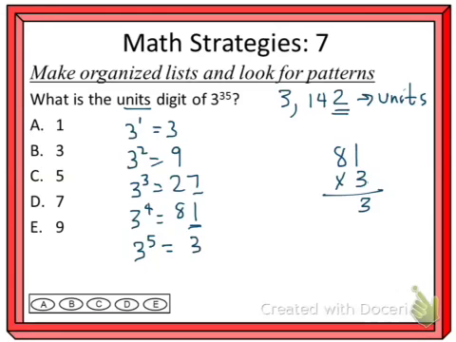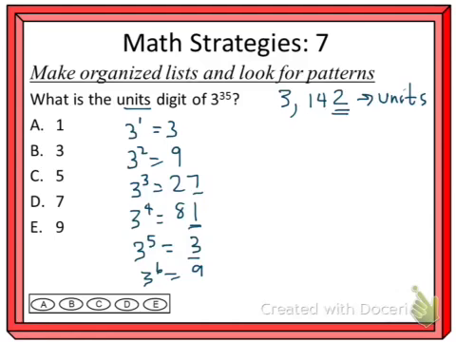So that's the only part that I care about is the 3. Okay? So now if I multiply it to find 3 to the 6th power, I multiply 3 times 3 and I get 9. So look what we have already. We already have a repeating pattern. I have the numbers that are repeating 3, 9, 7, and 1.